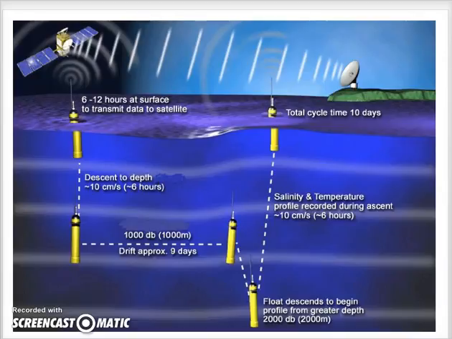Prior to their introduction, such data were mostly collected along ship tracks, where engine intake readings were taken. The floats move at a depth of around 2,000 meters, and every 9 days they profile to the surface and transmit the data via satellite. The record is not yet long enough to determine trends.